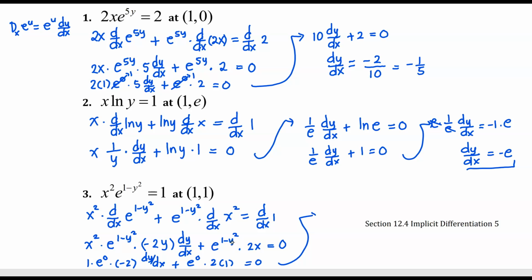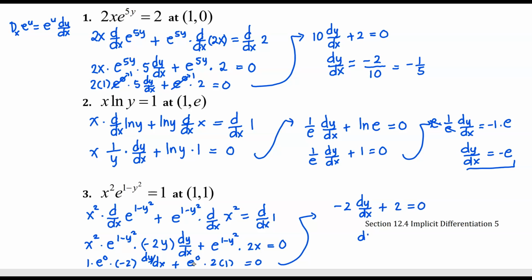Then you simplify it. So this is negative 2 dy/dx plus e to the 0, which is just equal to 1, times 2, equal to 0.